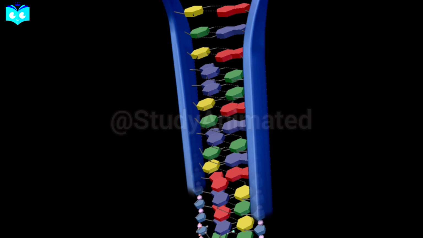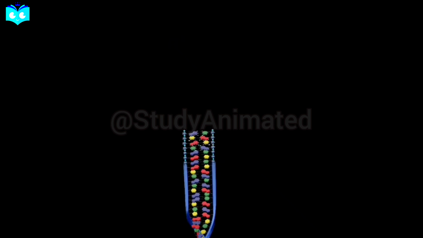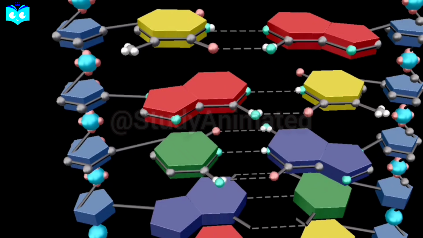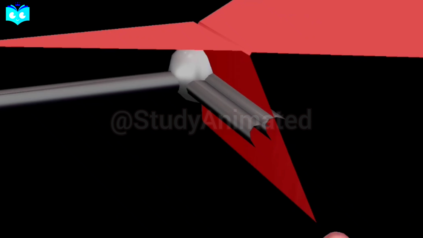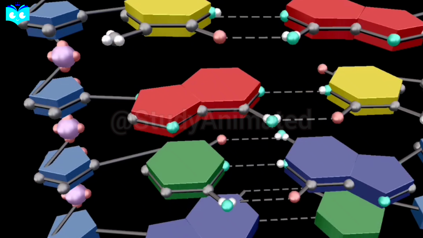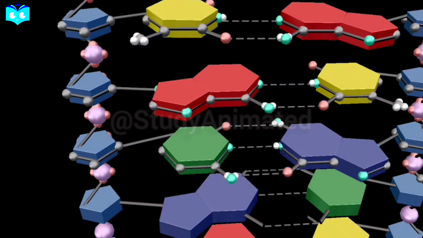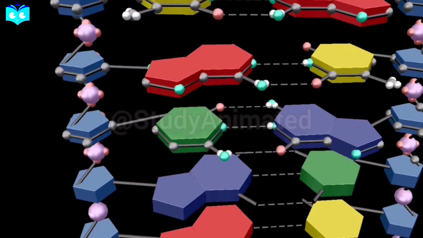The sugar phosphate backbone lies on the outside of the molecule, while the nitrogenous bases are directed towards the inside. The two polynucleotide chains then twist around each other to form the characteristic right-handed double helix. The DNA double helix has a diameter of approximately 2 nanometers. The distance between two successive base pairs is about 0.34 nanometers.